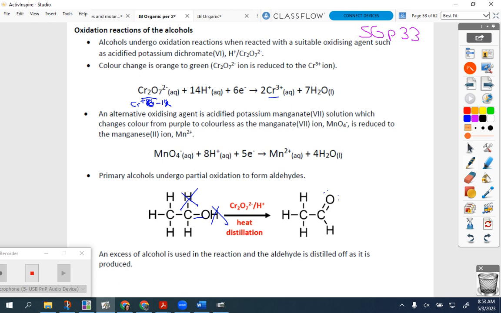A common one that you probably need to know about, for the color change, is the dichromate ion. In this case, our dichromate is going to lose some oxygens. The chromium is going to go from a +6 oxidation state to a +3 oxidation state.